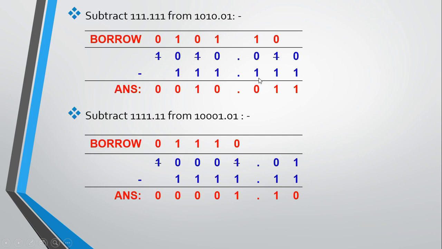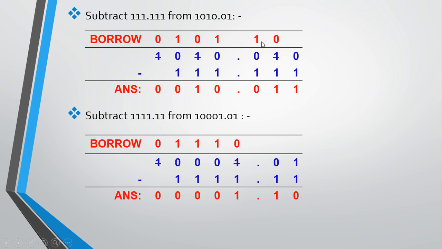Let me repeat this once again. 0, 1. So 0 minus 1 is not possible. So you need to place 1 over here, and you need to cut values from this area. Now 0, 1, again 1, you need to cut from here.